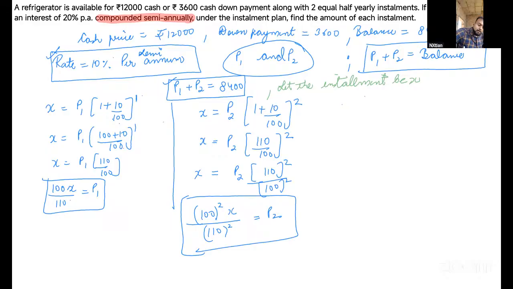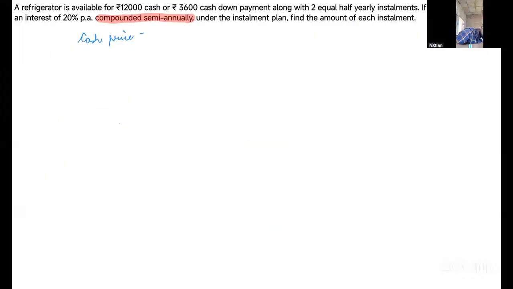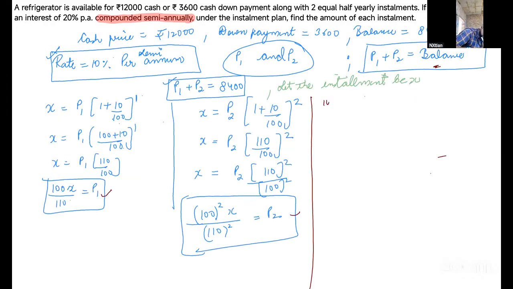So now we will put the value of P1 and P2 in this equation. So P1 is like that: 100 upon 110x plus P2, which is 100 square upon 110 square x, is equal to 8400.